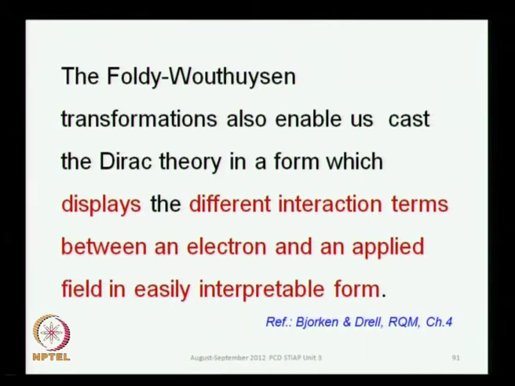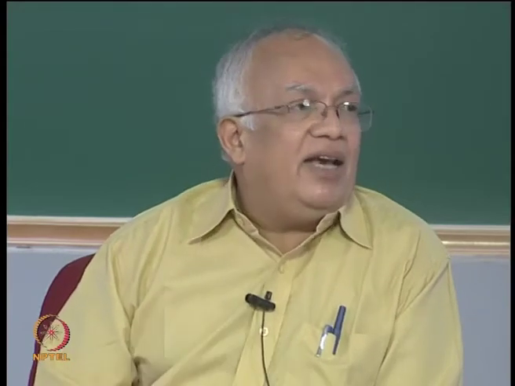And as Bjorken and Drell point out, these transformations help us cast the Dirac theory in a form which, other than the advantages that I already mentioned, also displays the physical interactions in a form that we are really able to see and recognize.